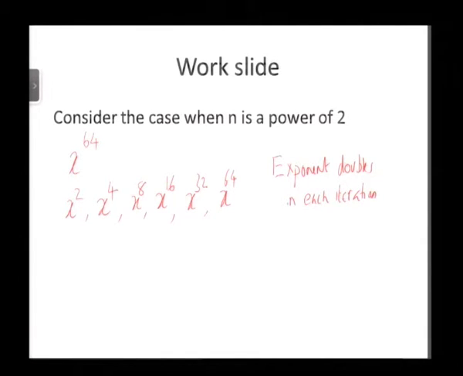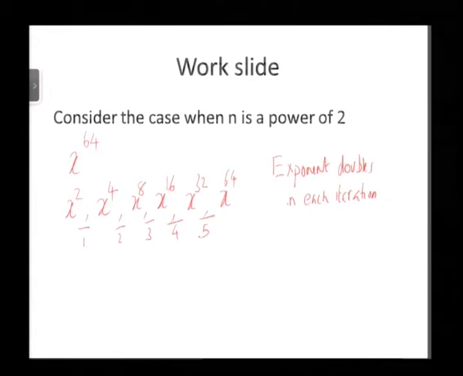In each iteration, we started off with x square, and we wanted x to the power of 64, and observe that the number of iterations is 1, the second iteration, the third iteration, the fourth iteration, and the fifth iteration.